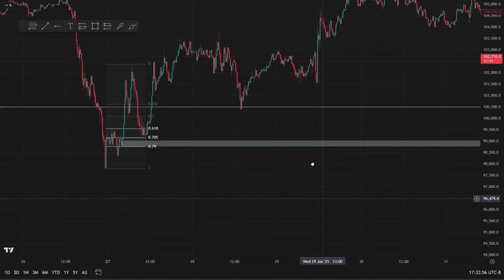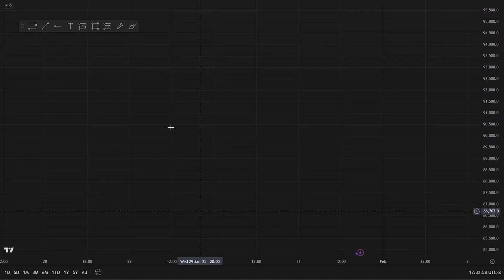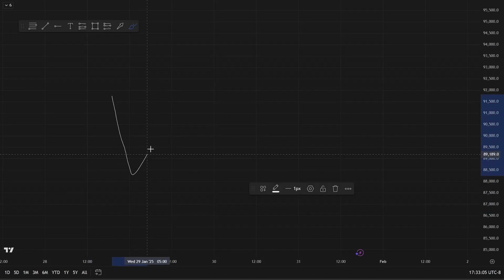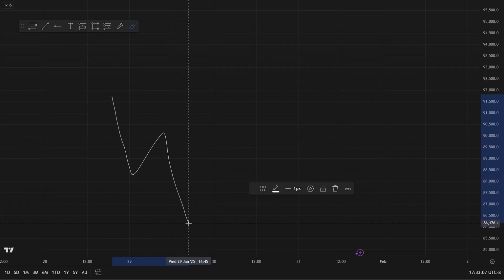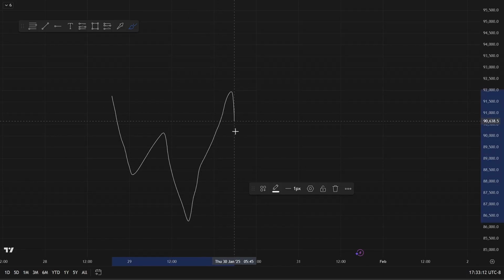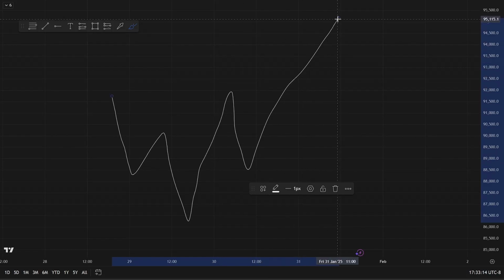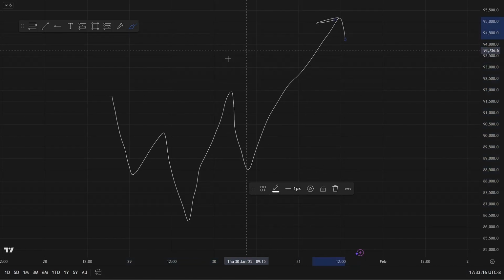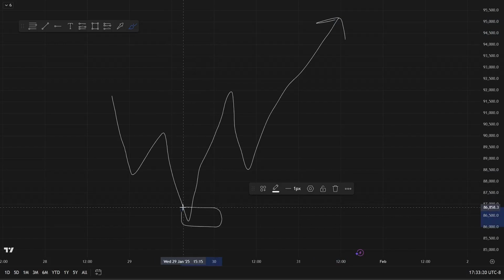So, for example, I'll just give a quick synopsis on what that is. Say price comes into a level, it moves around. Right, so there'll be an order block down here. That's a bullish order block. So it'll be a down candle that causes this to go up and break market structure.